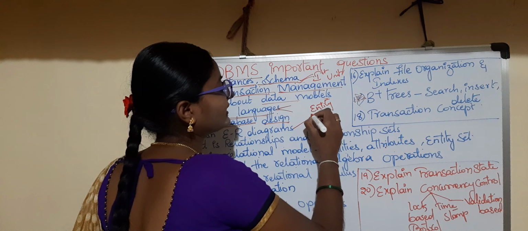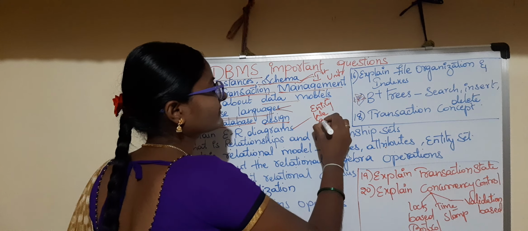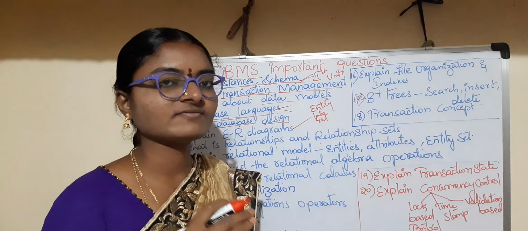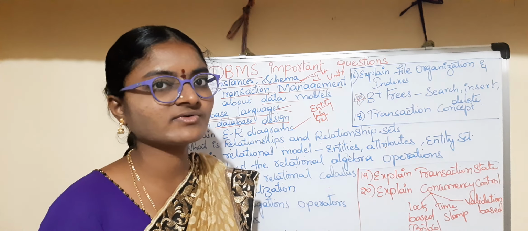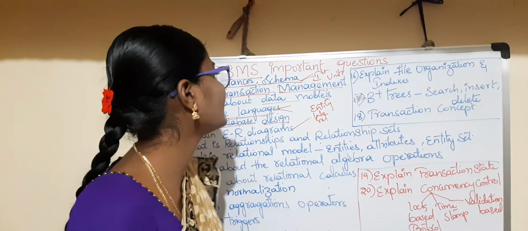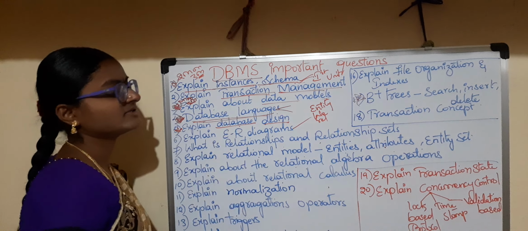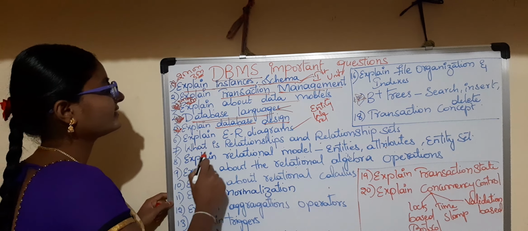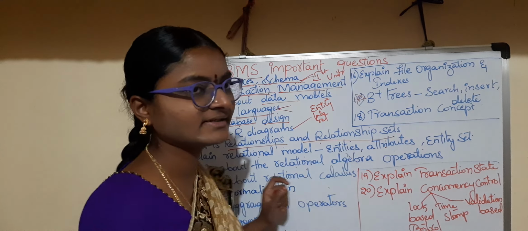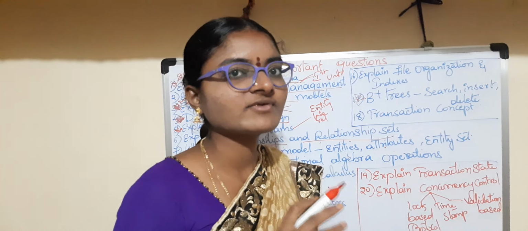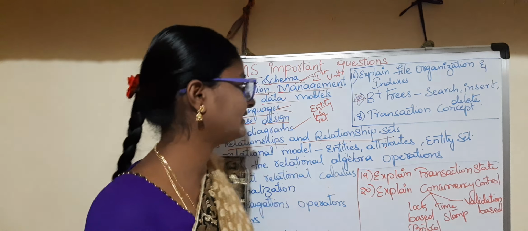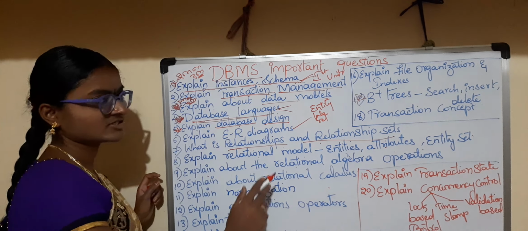Weak entity, relationship, and attributes. Next is what is a relationship and relationship sets. I have explained here: relationship means what? Data from one table being related to data in another table is called a relationship.